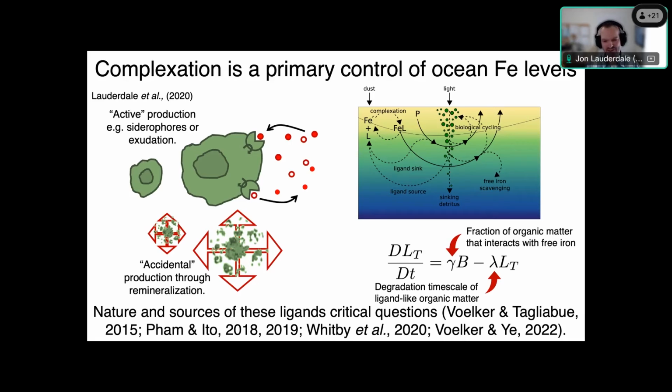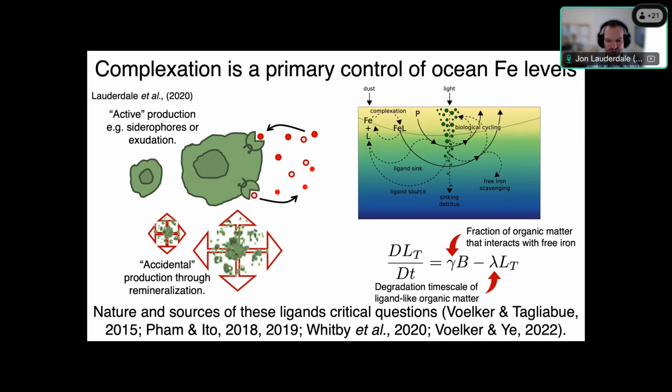And so the nature and sources of these ligands, and their cycling, are really critical questions that are being actively researched. There are two ways to approach this. Either you have a very simple scheme to parameterize ligands, with a constant concentration everywhere, or you have a really dynamic, complicated biological linkage with tens of parameters and all sorts of different stuff going on.